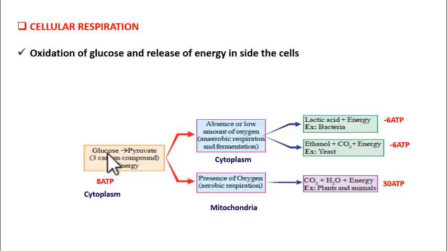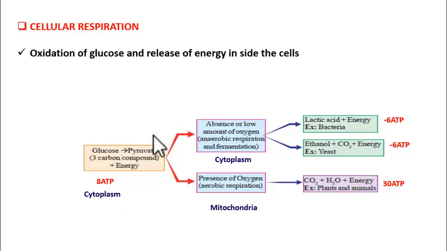So glucose is a 6-carbon compound. It is converted into a 3-carbon compound, pyruvic acid or pyruvate. So 6-carbon compound is converting into 3-carbon compound. Means what? From one glucose, 2 pyruvic acids are produced. And in this process, 8 ATPs are produced. So how many ATPs? 8 ATPs are produced.